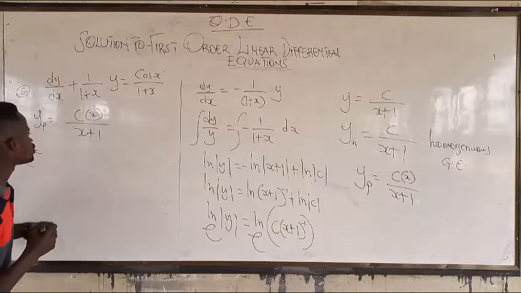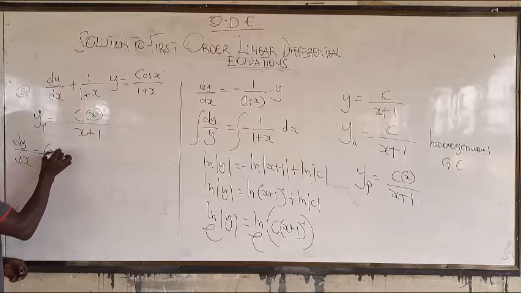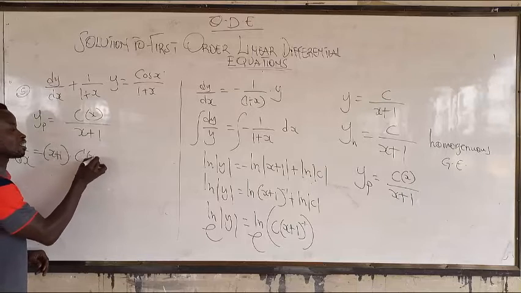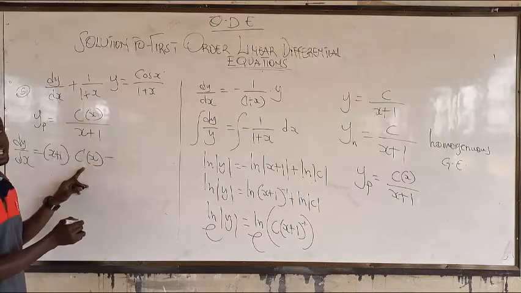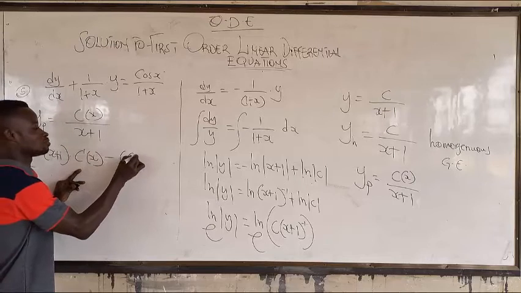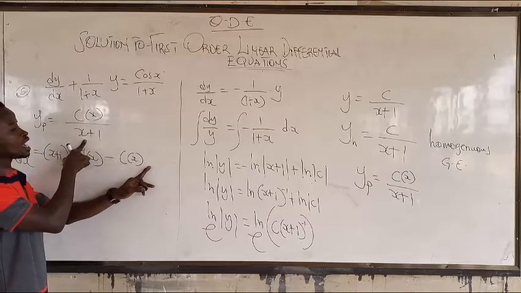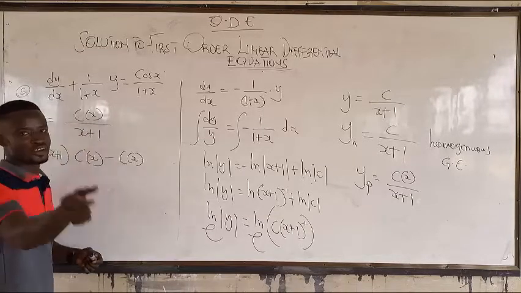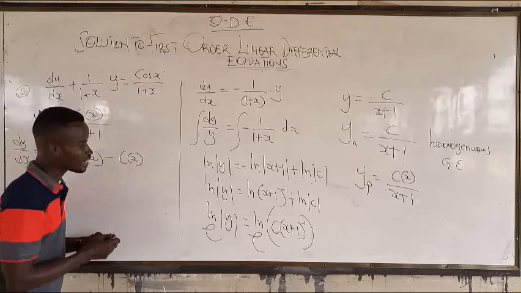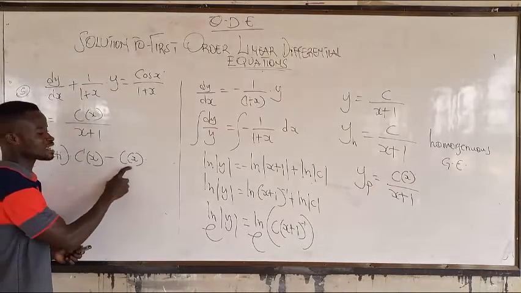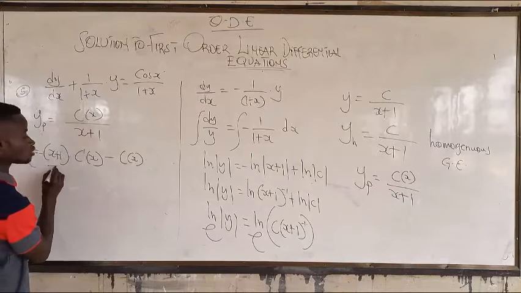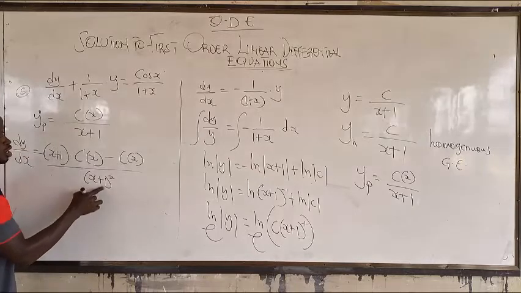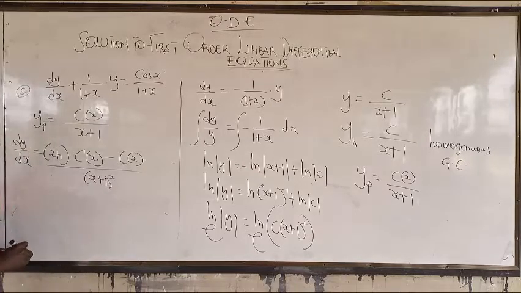So dy/dx is going to be low times the derivative of the high, minus high times the derivative of the low. And when you are differentiating this, don't forget that this will go to 0. The x will be 1. And when we are multiplying this, the same as this, you square the bottom. Alright, so that is x plus 1 all squared.